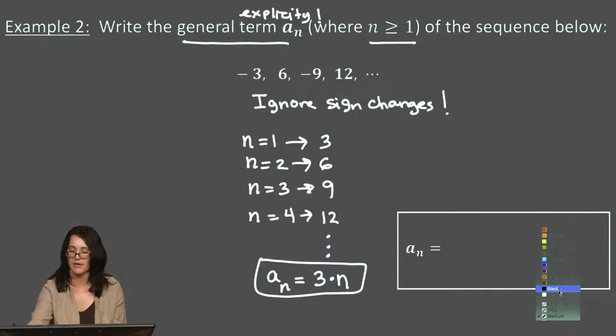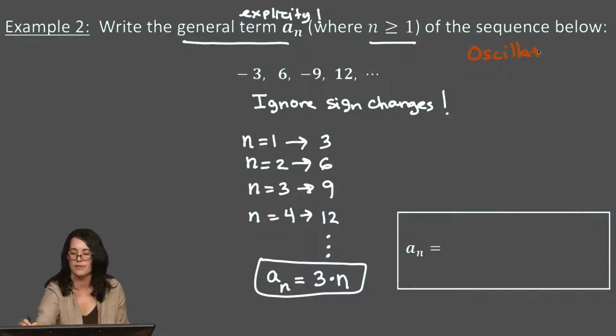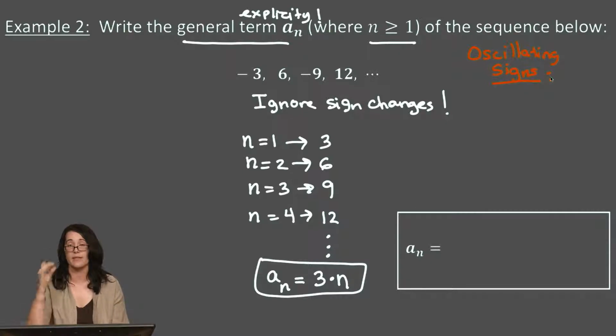So let me come to the side here and give you a little trick for oscillating or alternating, if you prefer, signs. You're going to use this trick, by the way, in calculus all the time. Anytime you have oscillating signs and you like to describe the situation theoretically, explicitly, what you want to notice is that if you're switching from negative to positive, positive, etc., like that, back and forth, what's really happening is each time your term is getting multiplied by a negative number, namely -1.